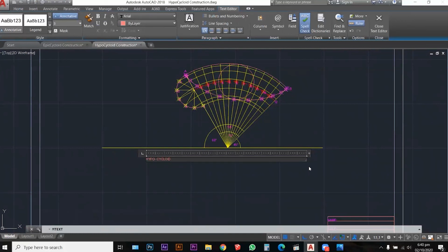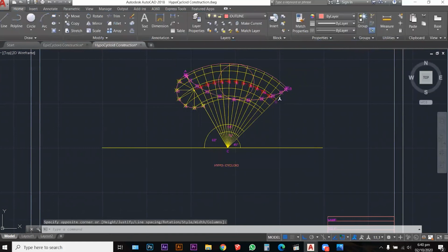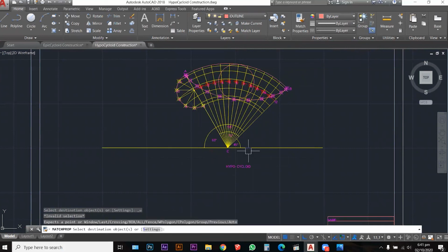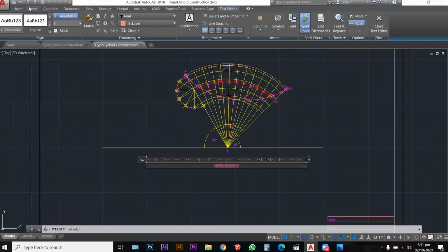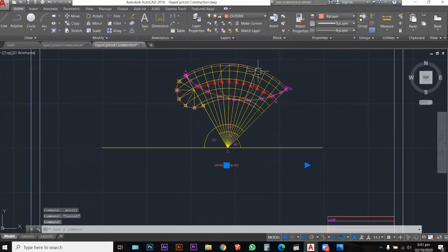I'm going to adjust the position by placing it in the middle center, and then close, and I'm going to put it onto my text there.